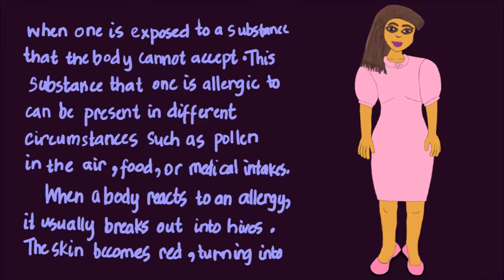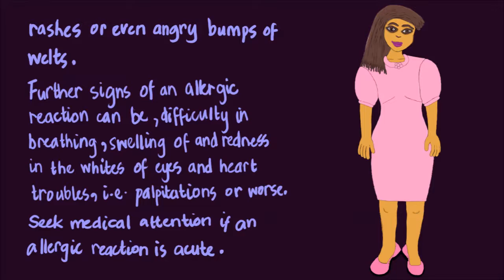When a body reacts to an allergy, it usually breaks out into hives. The skin becomes red, turning into rashes or even angry bumps of welts. Further signs of an allergic reaction can be difficulty in breathing, swelling of and redness in the whites of eyes, and heart troubles, for example palpitations or worse.